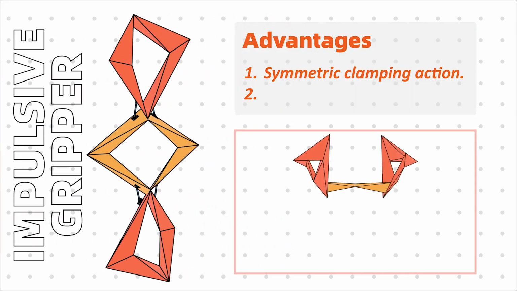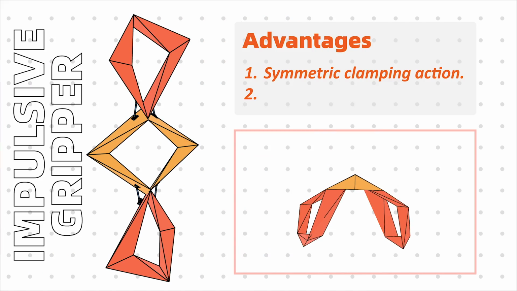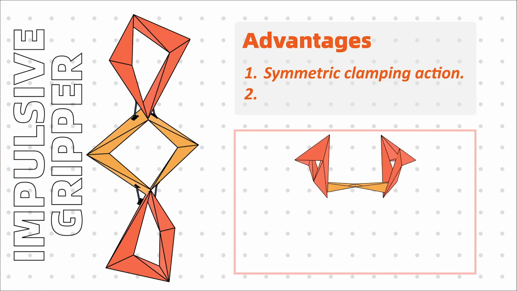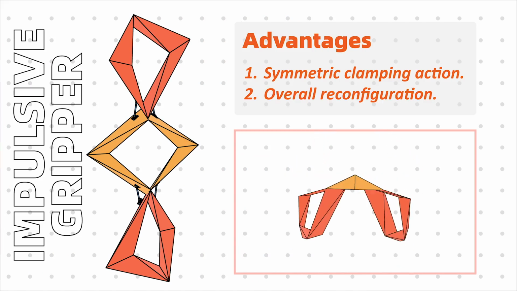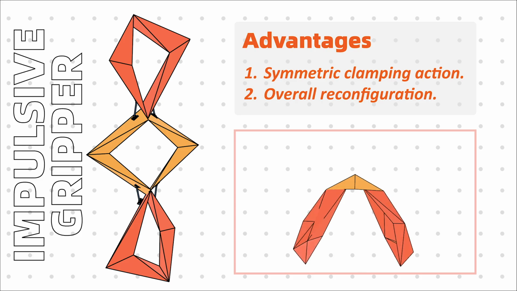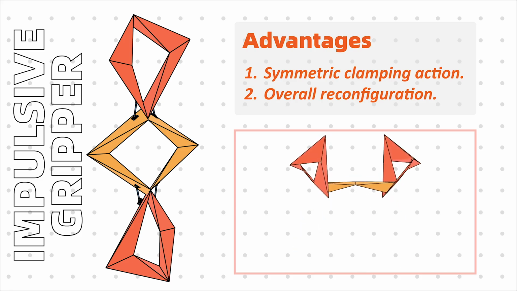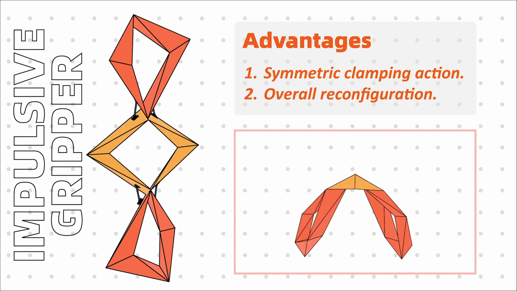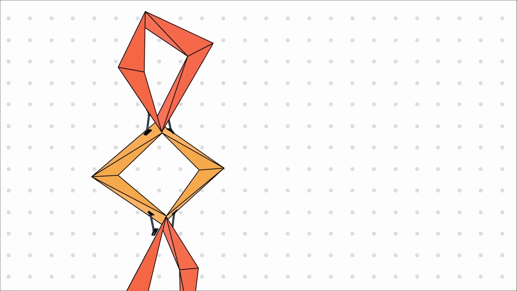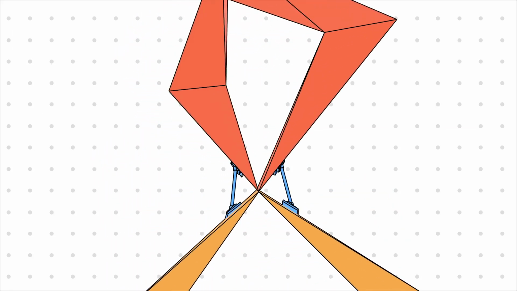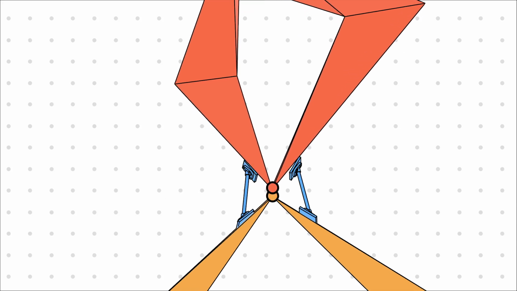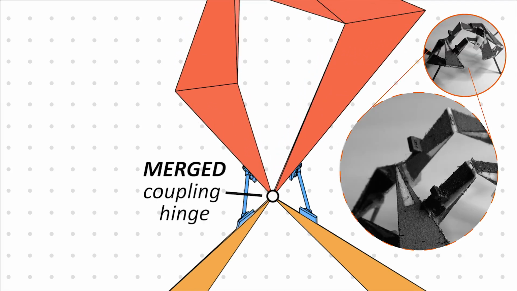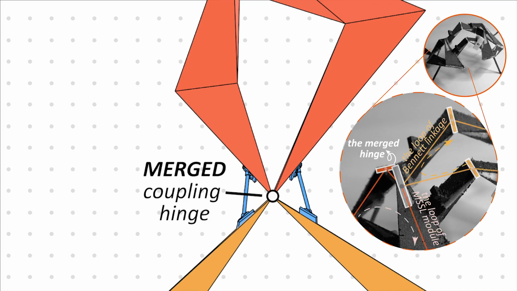1, able to generate a symmetric clamping action because of the same MSSL modules at the end, and 2, easy to be overall actuated because of the continuous kinematic transition of the overconstrained mechanism at the center. Physically, to decrease the overall complexity of the design, the coupling hinges of 2 adjacent modules are simplified and merged as a single hinge when assembling.